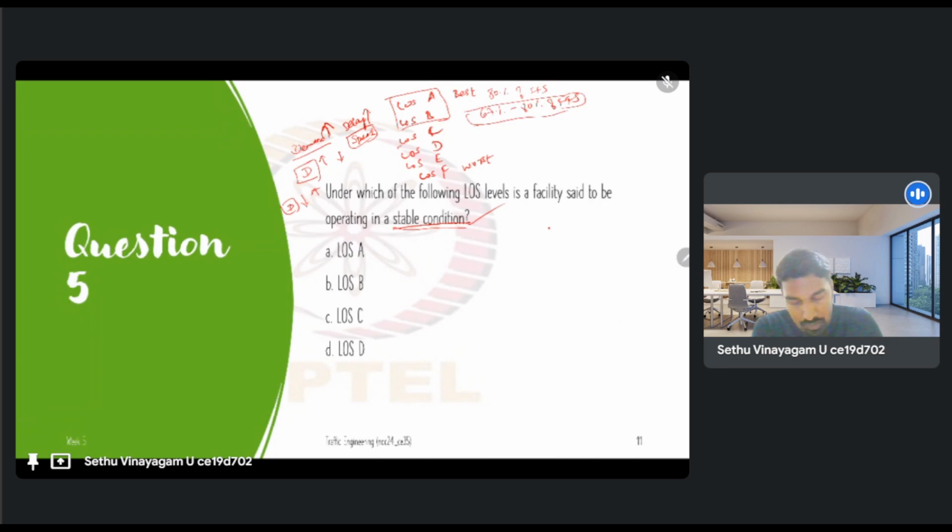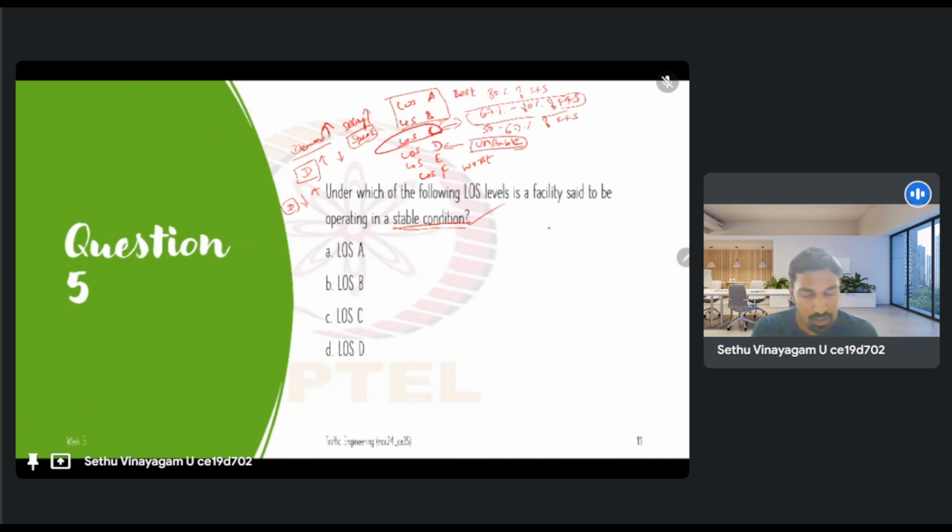When it comes to LOS C, it will be in the 50 to 67% range of the free flow speed. This is the stable condition. When the demand increases and the quality deteriorates, and the demand goes back, the quality will also quickly recover. Therefore this is a stable range of operation, whereas LOS D represents unstable operations.